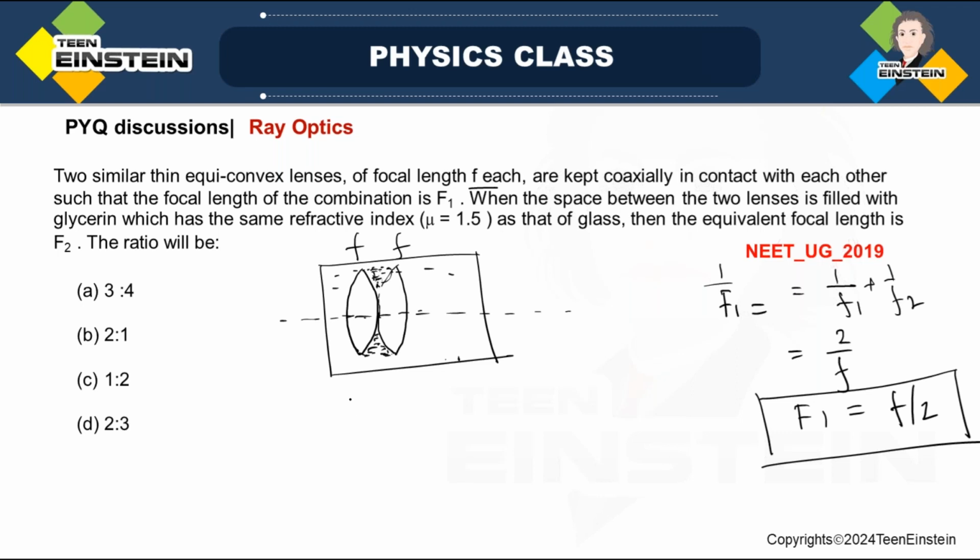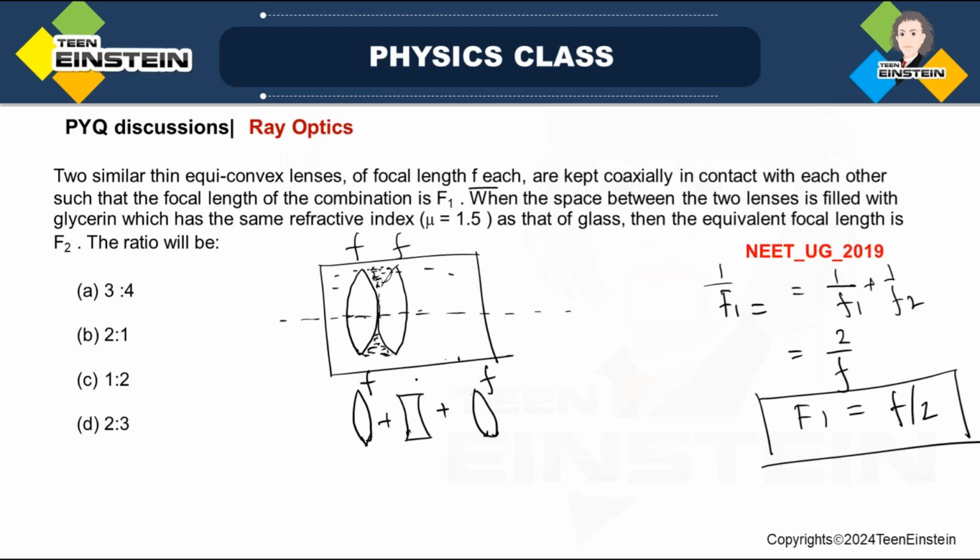So I have now a combination of three lenses. One is this convex lens, this concave lens, plus this one, another convex lens.